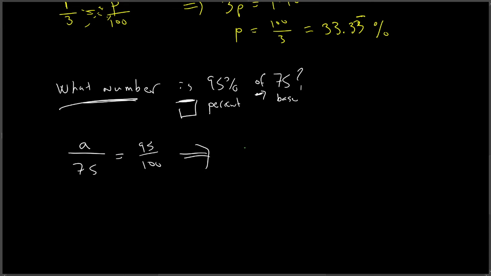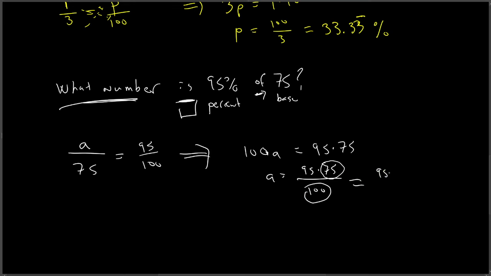I will cross multiply. 100A equals 95 times 75. I'll divide both sides by 100. And then now I'll try to find common factors. Well, I notice that this is 3 times 25, and this is 4 times 25.